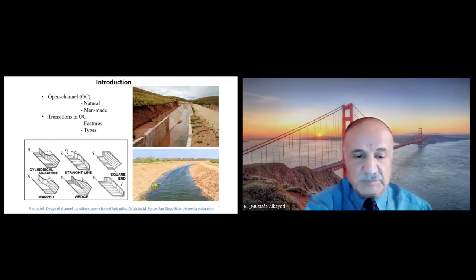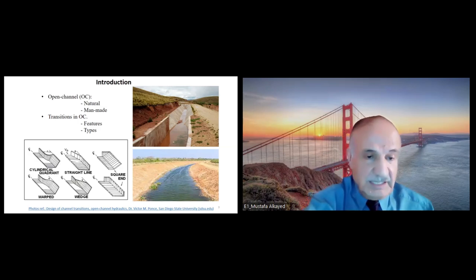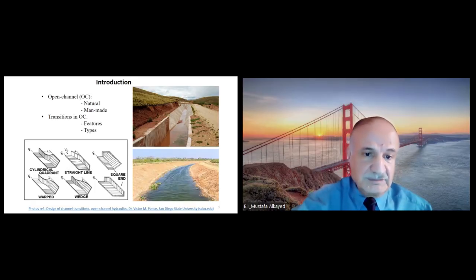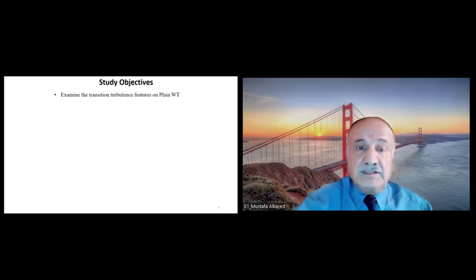Mainly, we use the warp transition and the wedge transition for larger structures, but the cost is a little high, and the warp transition is always recommended because of its efficiency in reducing the head losses and the turbulence.